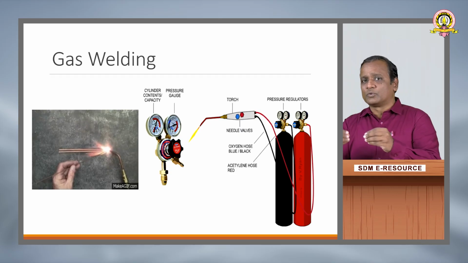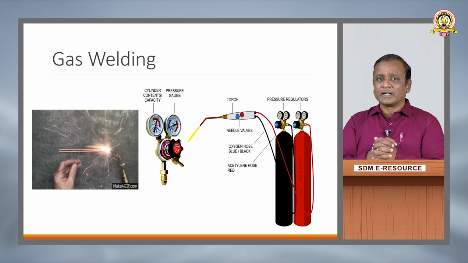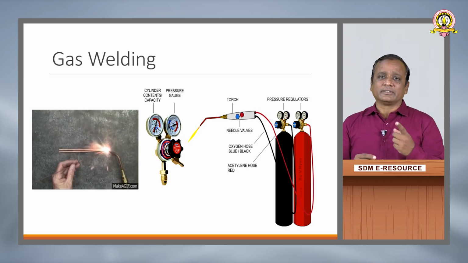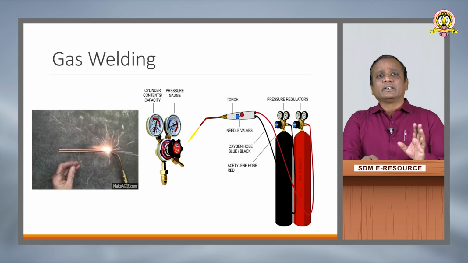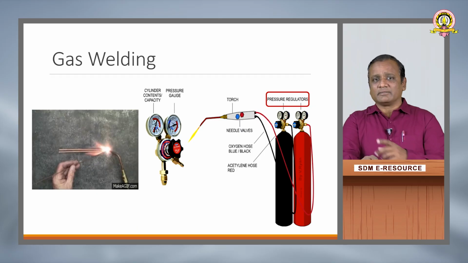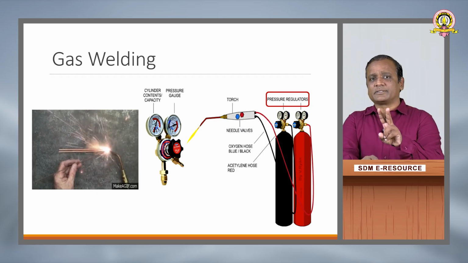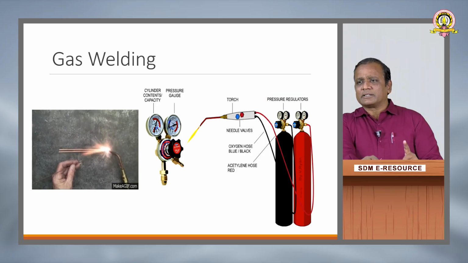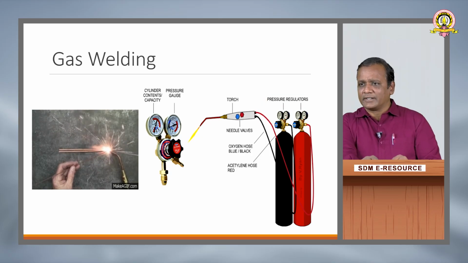The gas will pass from the cylinders to the torch, and from the torch we get a flame, and we need a filler material in this system. All along the way, we have a pressure regulator. The two gas cylinders: one is black in color, another is red.